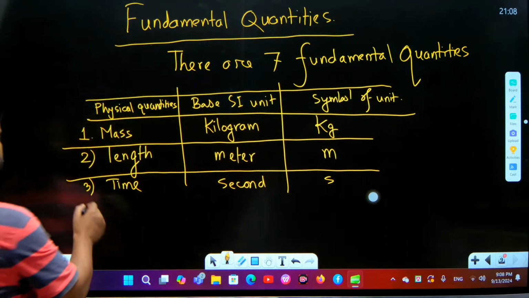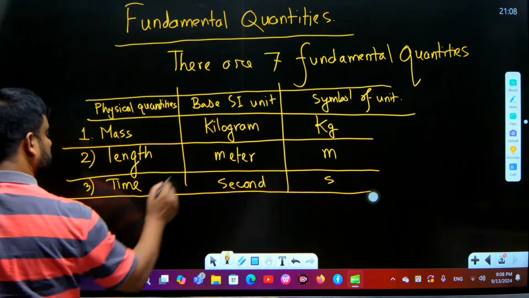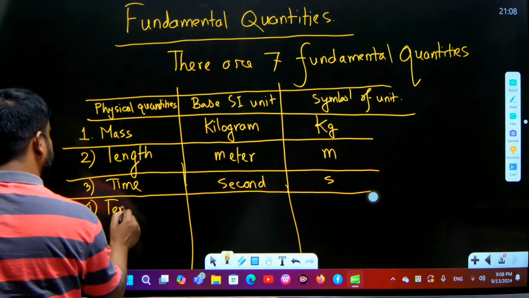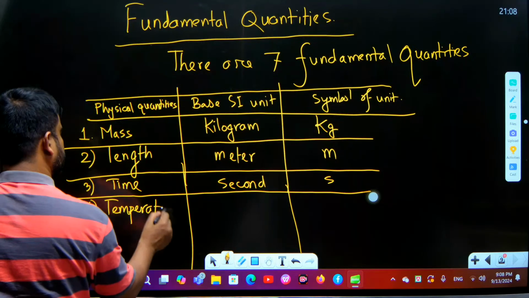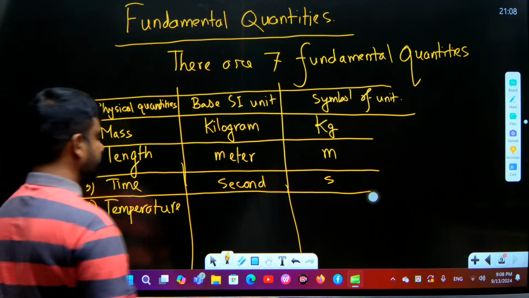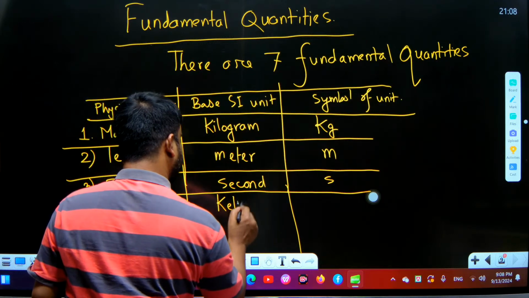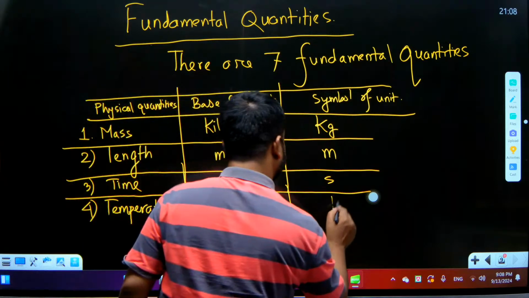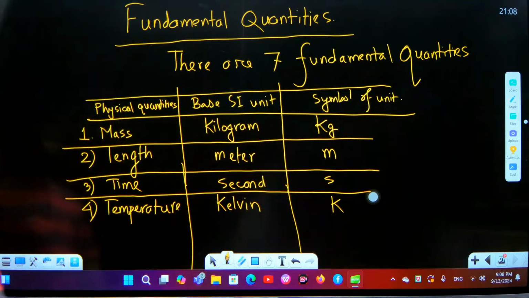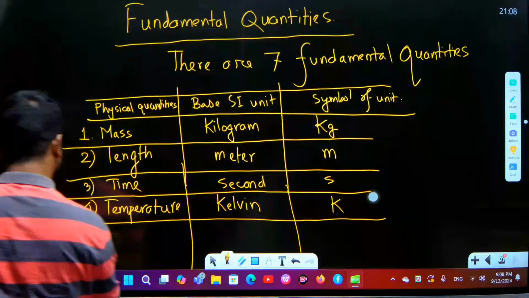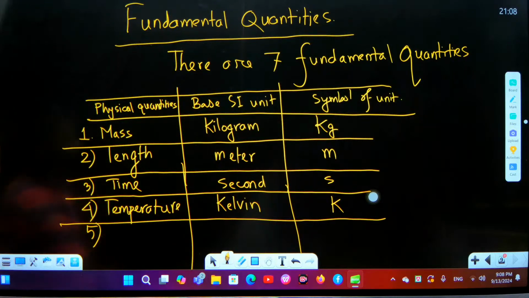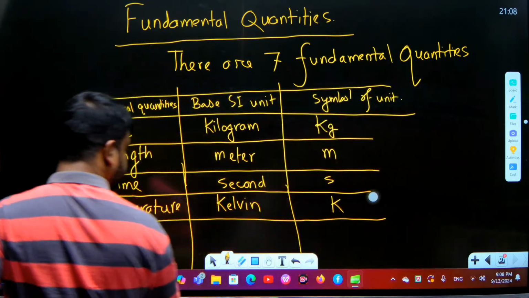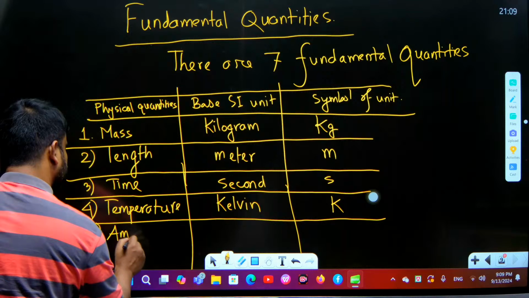The fourth one is temperature. The SI unit is Kelvin, and the short form is K. Number 5 is the amount of current.